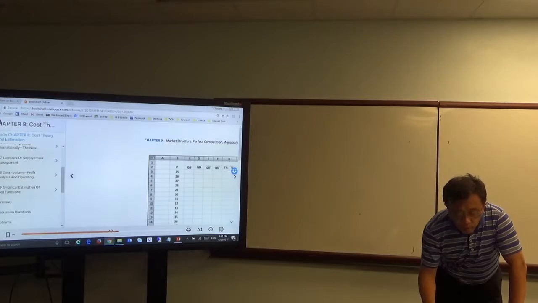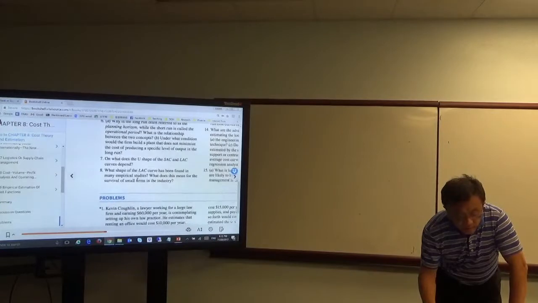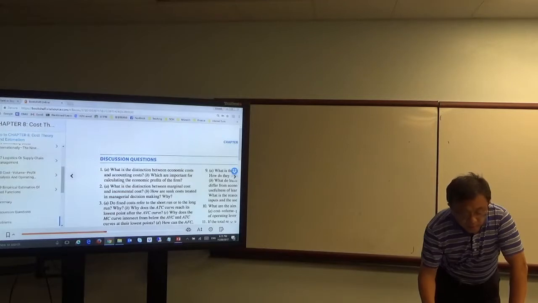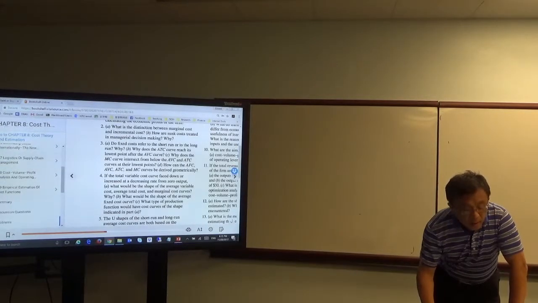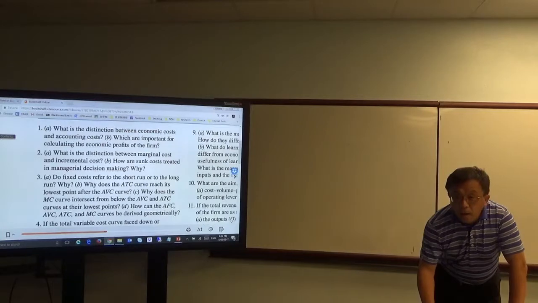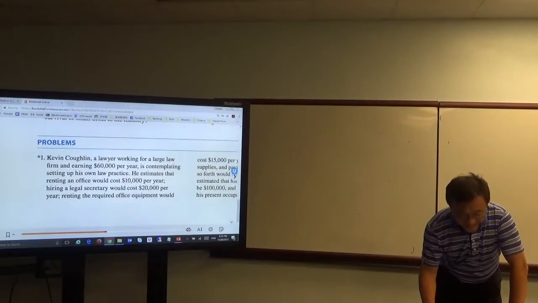I just need to know the explicit cost. Hold on, wait a second. What did I do? Oh, I shouldn't do that again. There's a way to get rid of this part. You can just put your mouse on the border and move it. I think you just click on the orange one.